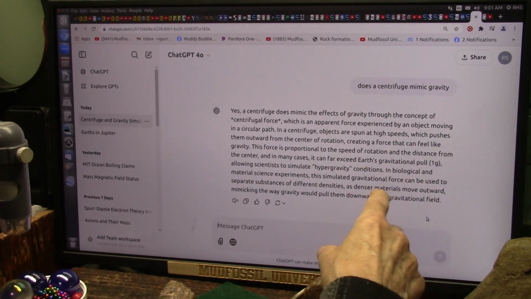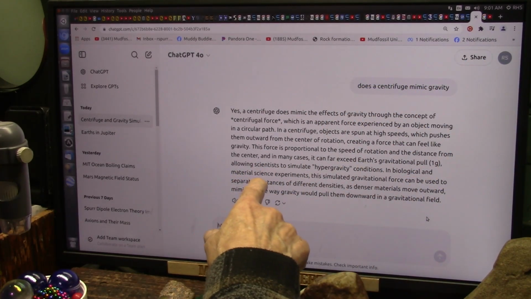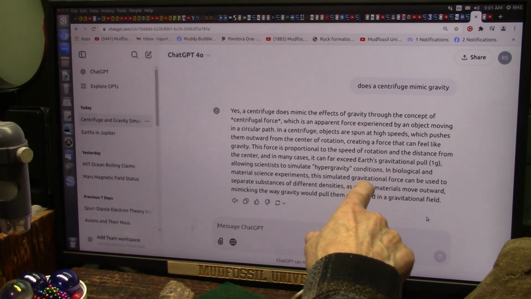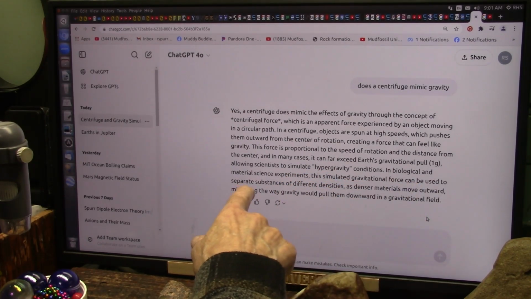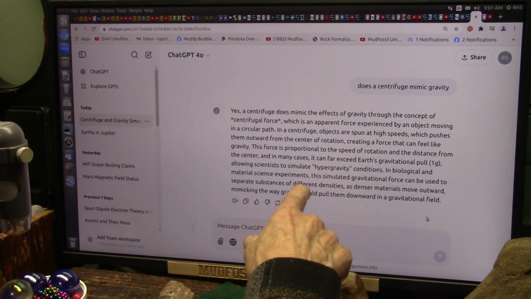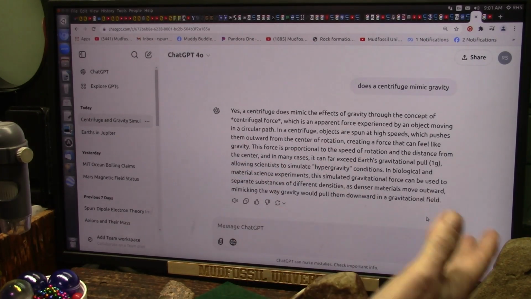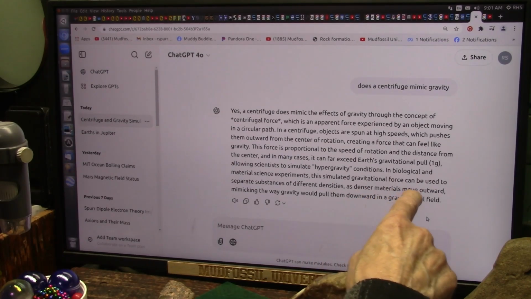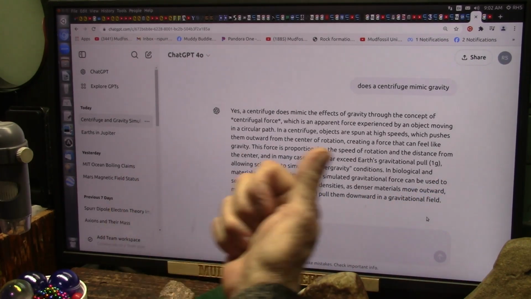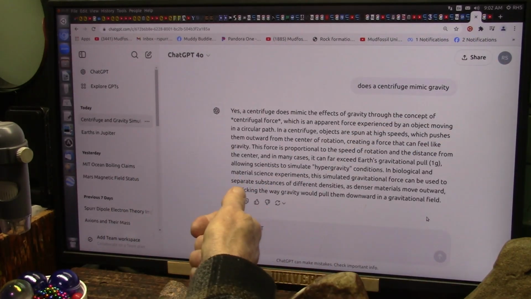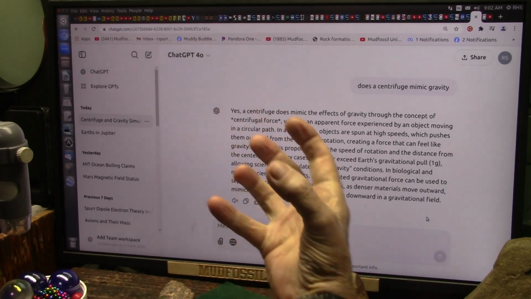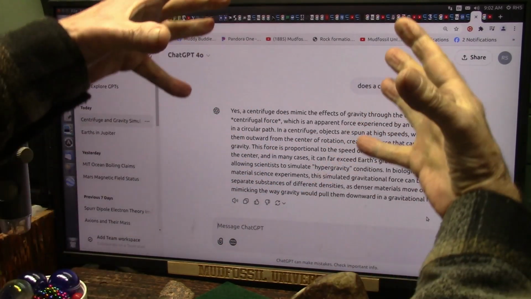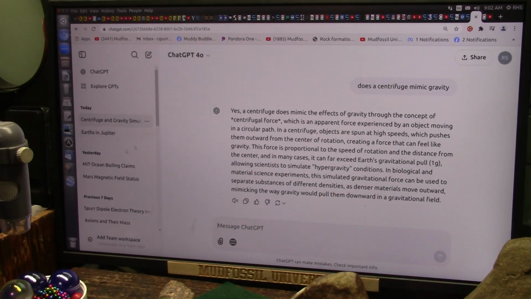It's so gigantic. In biological and material science experiments, the simulated gravitational force can be used to separate substances of different densities. Every substance has a different density. Denser materials move outward, away from the spin, mimicking the way gravity would pull them downward into the gravitational field. So they're pulling all of those particles down.